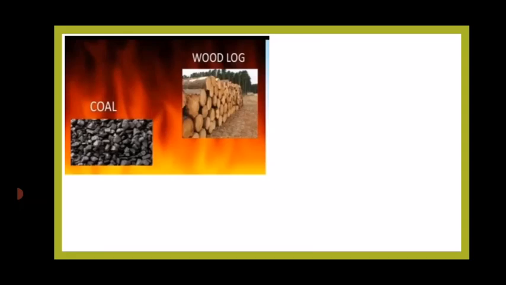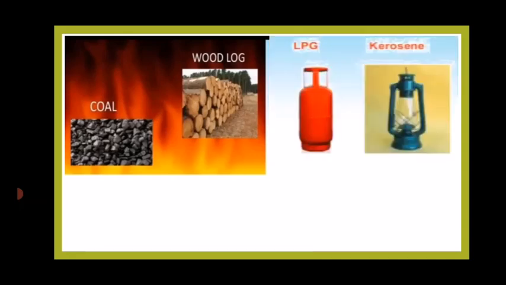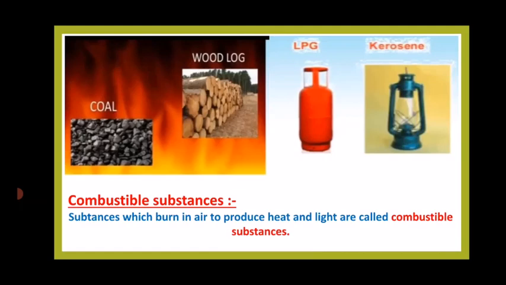Okay, look, now there are certain things which can burn in order to give heat. For example, we can burn coal, we can burn logs of wood, we can burn the LPG gas, we can burn the kerosene. All these things, children, are called combustible substances.